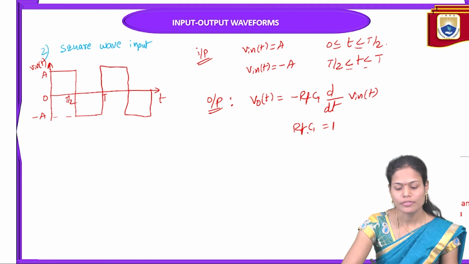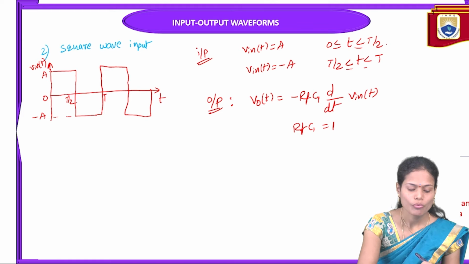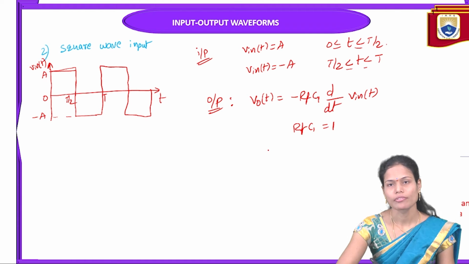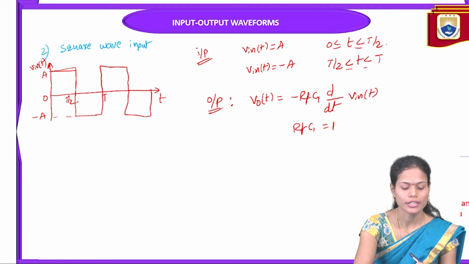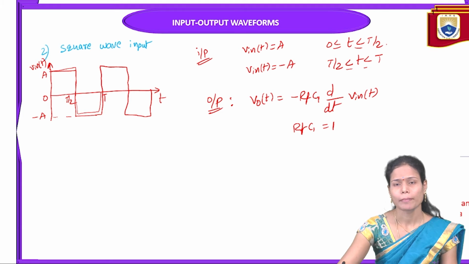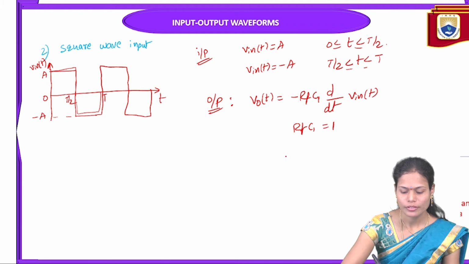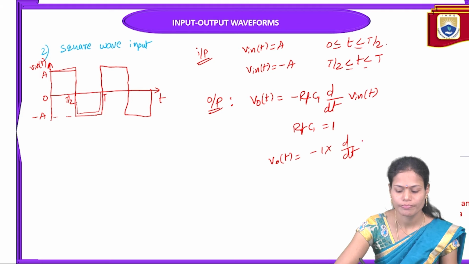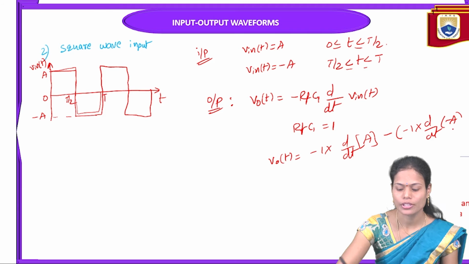So in this case, for the positive square signal, we will get the negative spike. And for the negative square signal, we are going to get the positive spike here. So V naught of t is equal to minus 1 into differentiation of A, and also minus 1 into differentiation of minus A we are going to apply here.